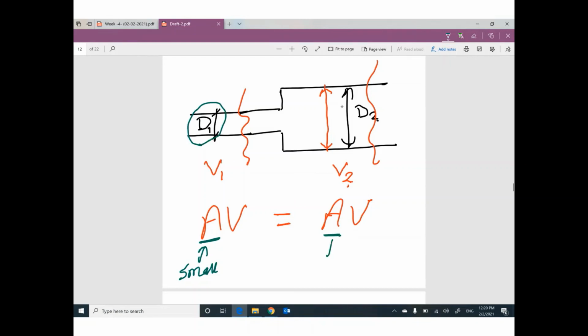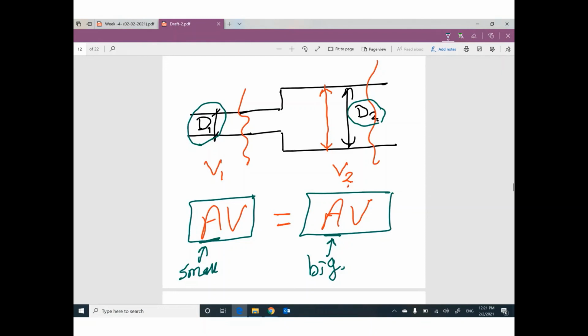This area is very big because we have a larger diameter. We need to maintain this product equal to this product. So the velocity here must be bigger and the velocity here must be smaller, to get two equal values. So we have higher velocity here and slower velocity here.